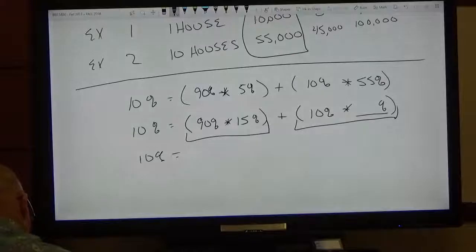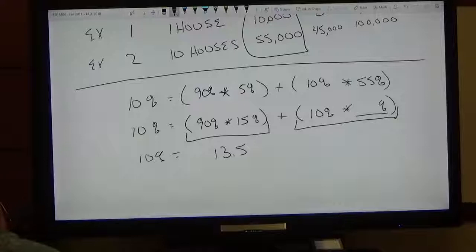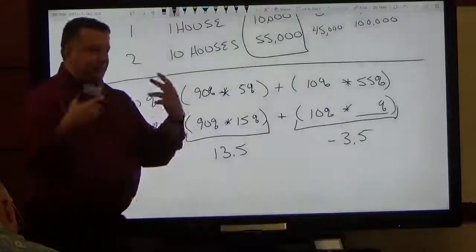So we do 90 times 15%, which is 13.5. Well, 10% minus 13.5% means we have a loss of 3.5. Yes or no? It's simple math: 10% minus 13.5% gives us negative 3.5%.